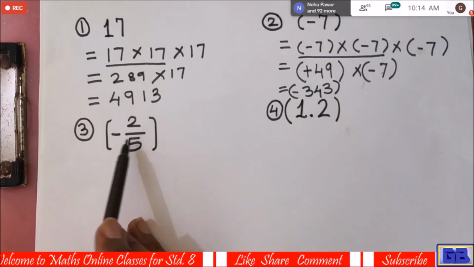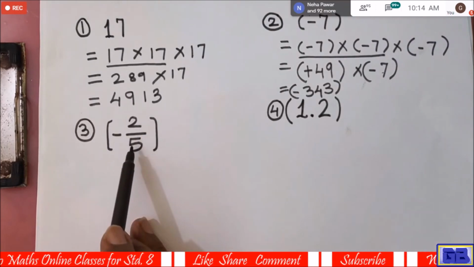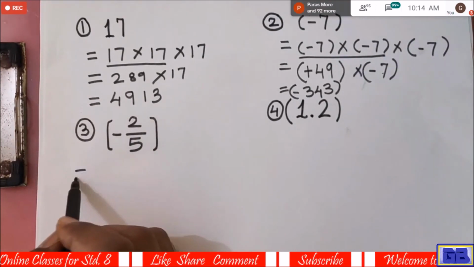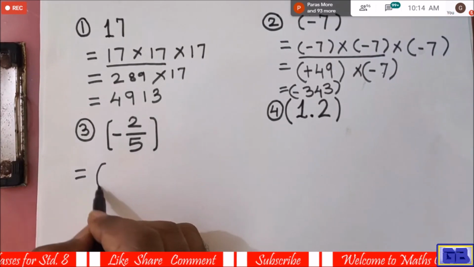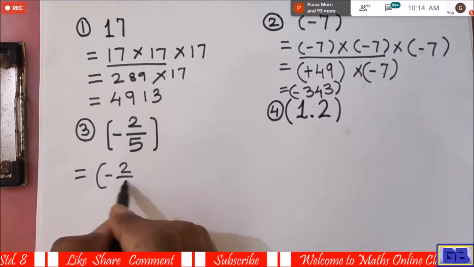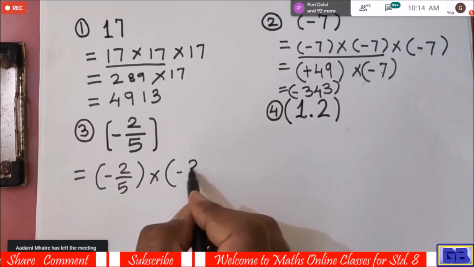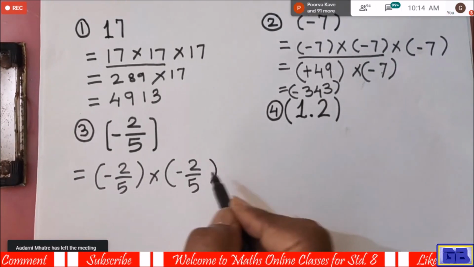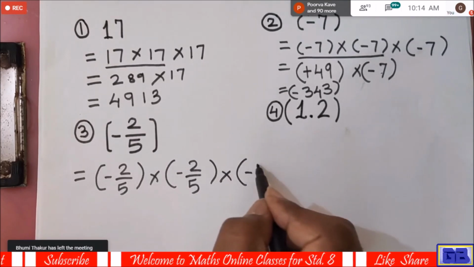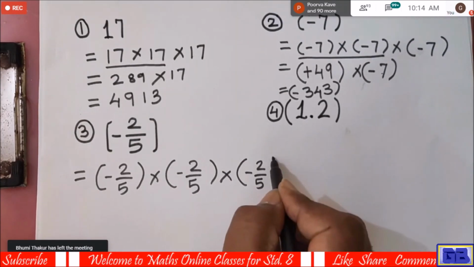Third one, negative 2 upon 5. Put equal sign. Negative 2 upon 5 into negative 2 upon 5 into negative 2 upon 5.